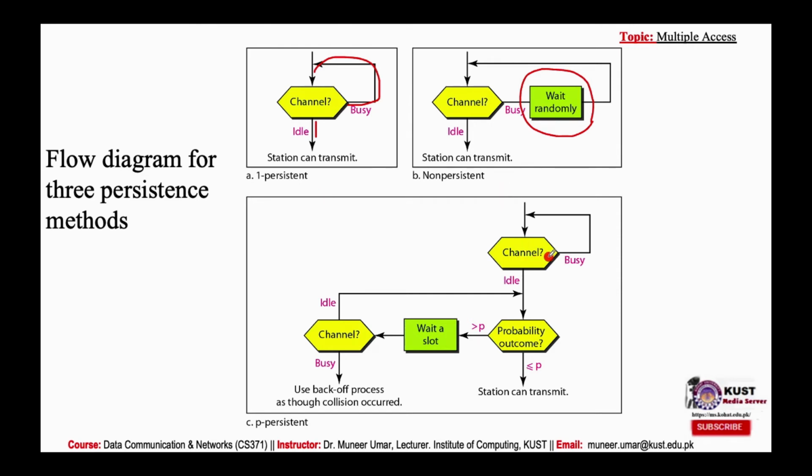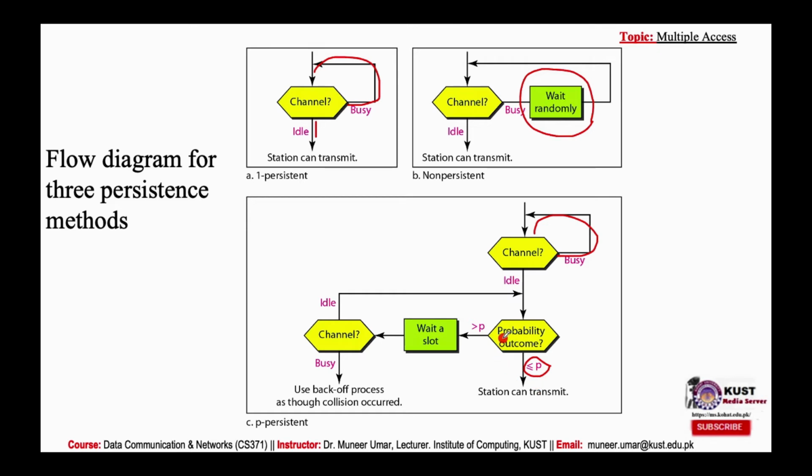If it is busy, then the station will sense the channel again and again. There is no wait time here. After that, if the channel is idle, then the probability outcome would be checked. So if it is less than or equal to p, then the station can transmit its data.